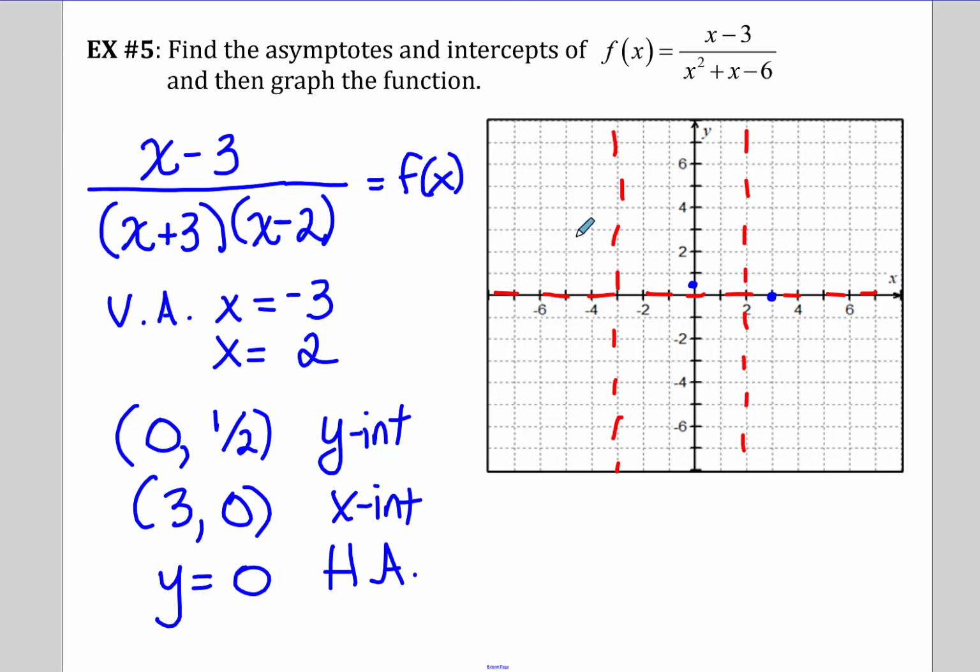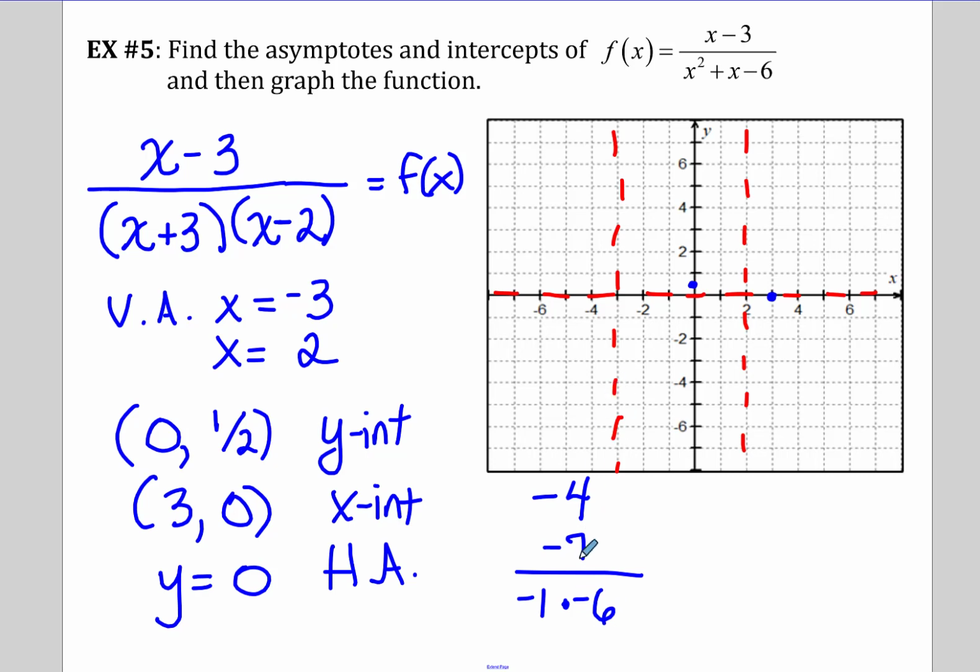Now, we don't really know what's happening over here. So you can think if you tested a number, let's say we tested -4. If you think of testing a negative number here, you're going to get -7 in the top. And what's going to happen in the bottom? A -4 add 1 is a -1, and a -4 minus 2 is a -6.